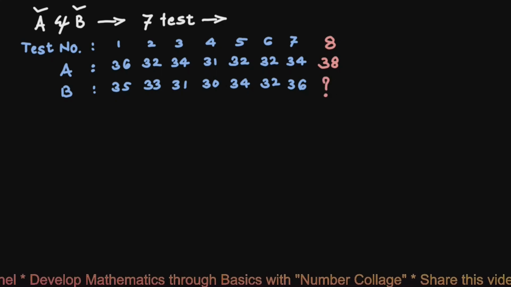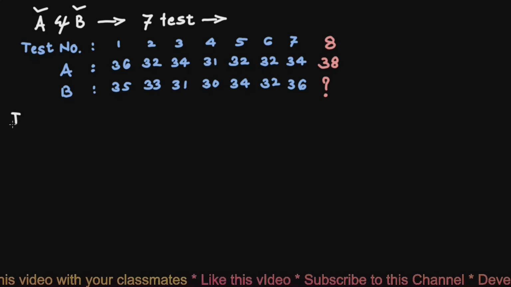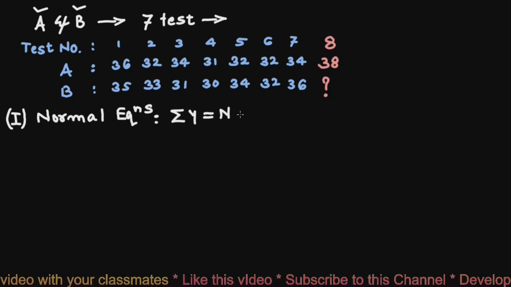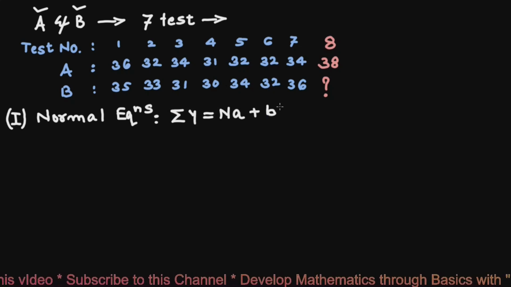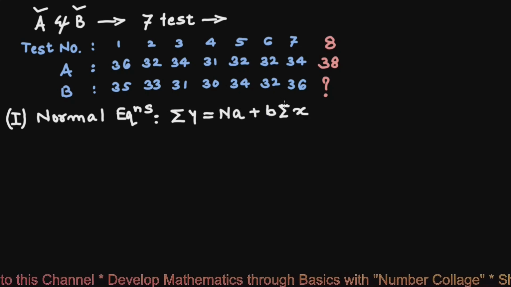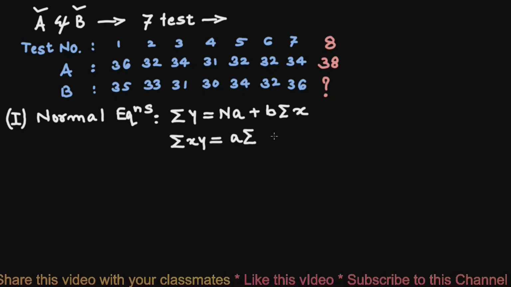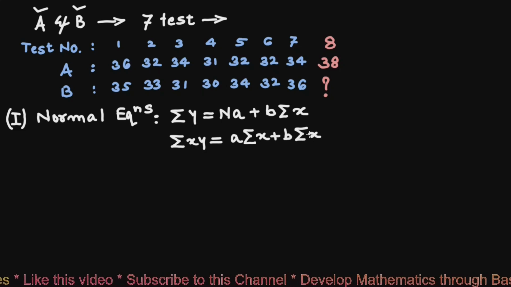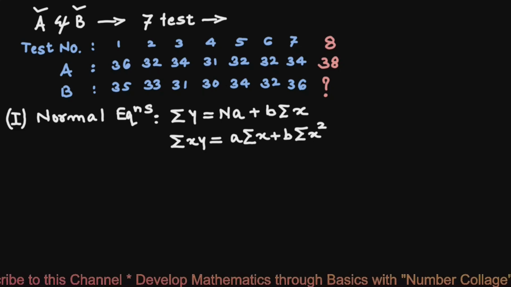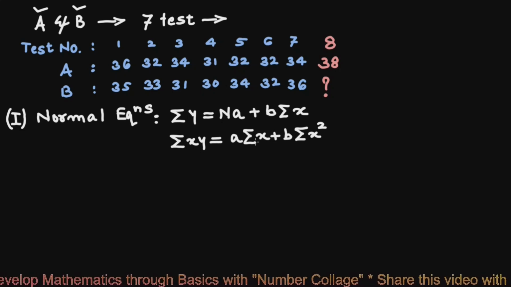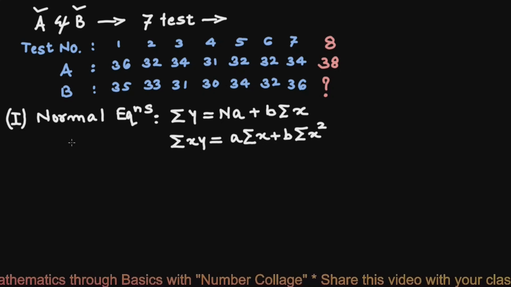We will solve this problem first by using normal equations. Sigma y equals Na plus b sigma x and sigma xy equals a summation x plus b summation x square. Let us prepare a table of the values which are to be used in these normal equations.